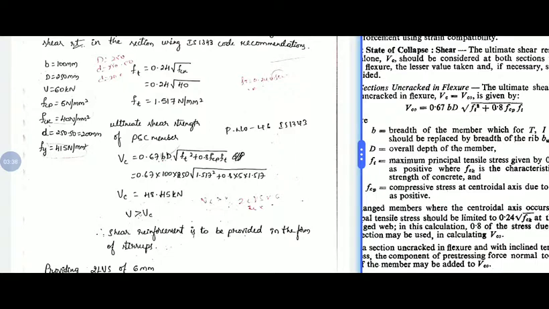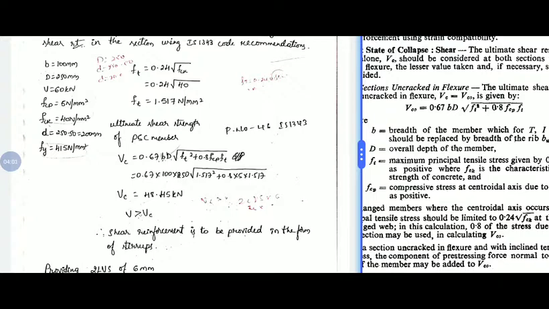So this is the shear strength of the member that we have, but the shear force it needs to carry is 60 kilonewton. So the capacity of the member is 48.45 kilonewton and the capacity required is for 60 kilonewton. So to increase the capacity we need to provide shear reinforcement.